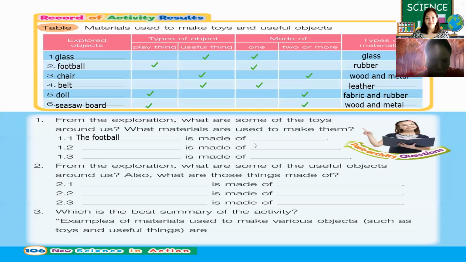A doll is made of fabric and rubber. Okay, we have number 3, a seesaw board, which is made of wood and metal.